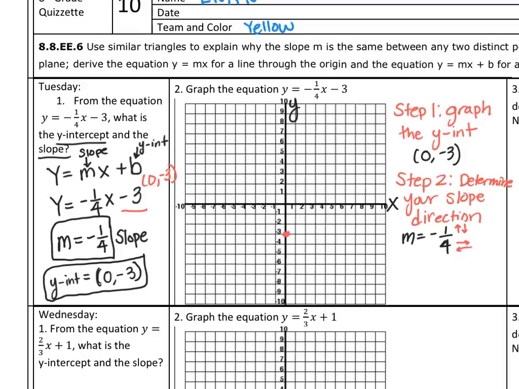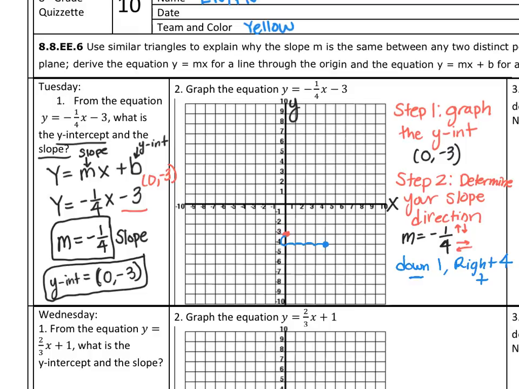Determine the direction of your slope: down 1, right 4. The reason you go down is because it's negative, and the reason you go right 4 is because it's positive. So from your new point, you go down 1 and then to the right 4. 1, 2, 3, 4. Put another point there.